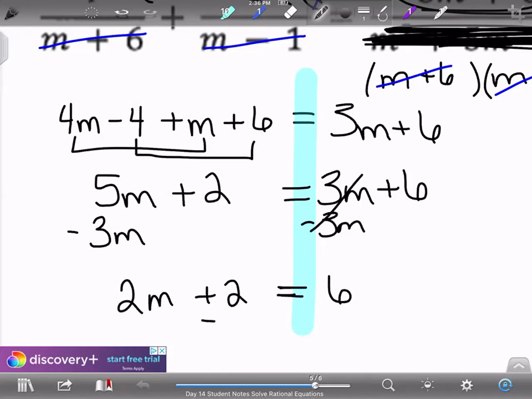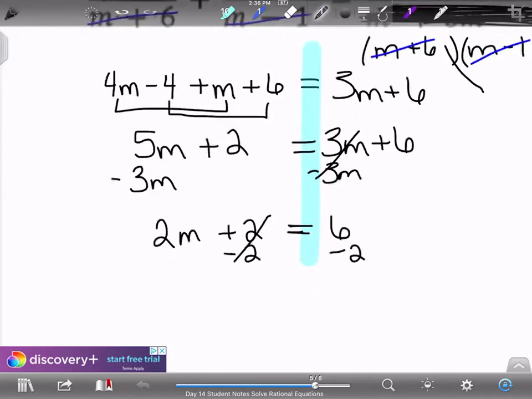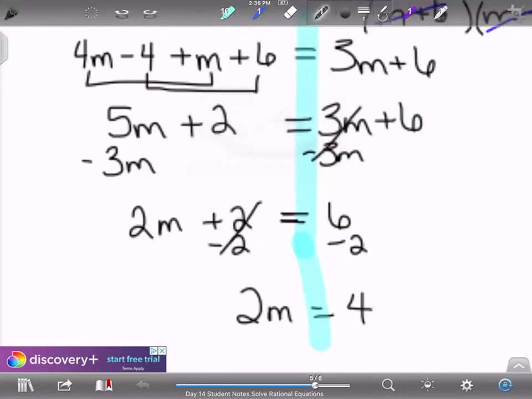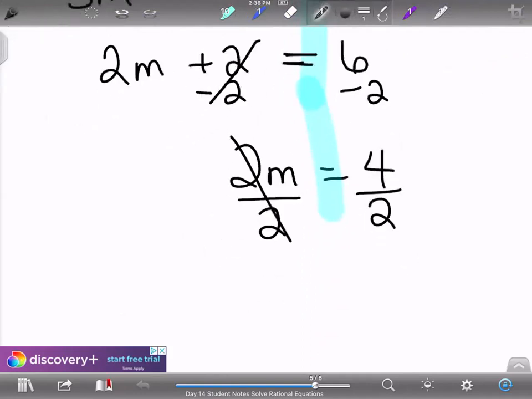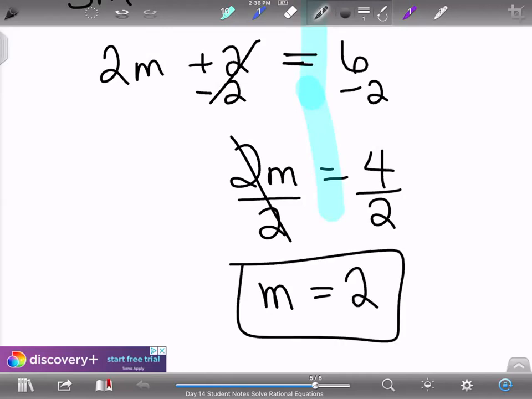At this point, I'm going to subtract 2 from both sides to get 2m equals 4. And at this point, we have 2m equals 4, the 2 sitting beside the m, so we're going to divide it by 2. To eliminate it, if we divide one side by 2, we've got to divide the other side by 2, and that's going to give me an answer of m equals 2.